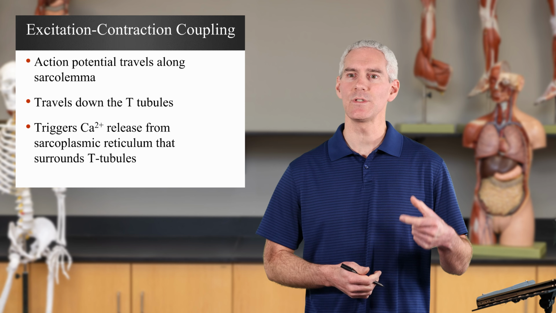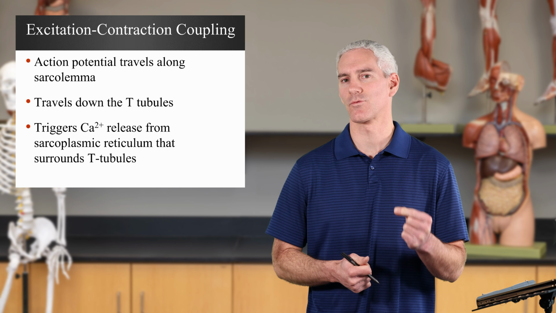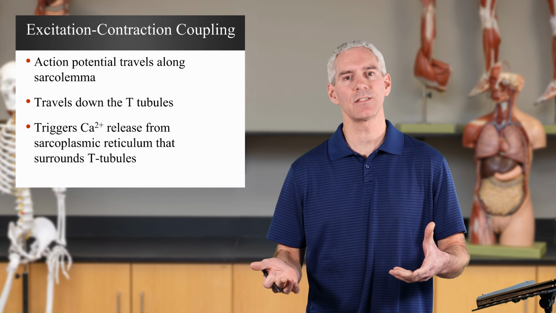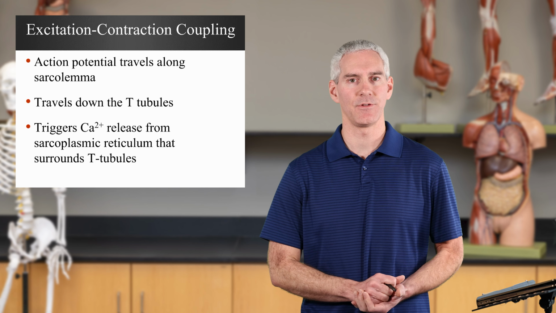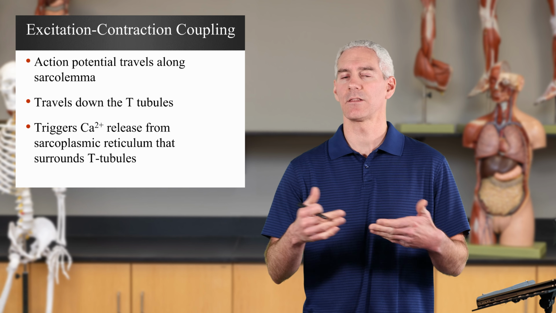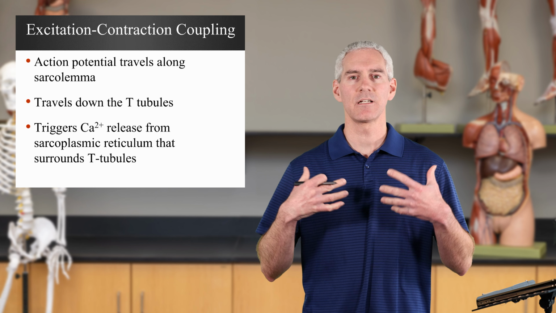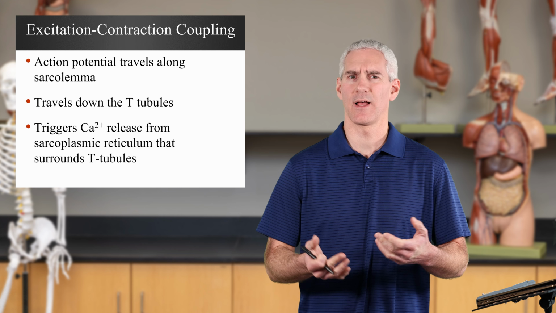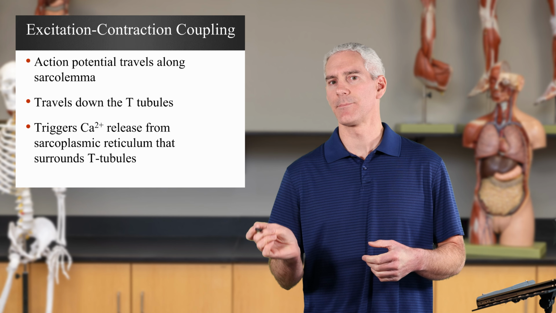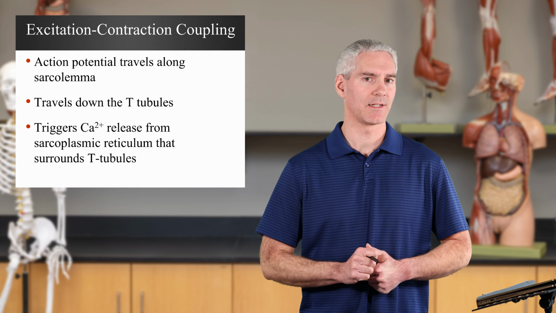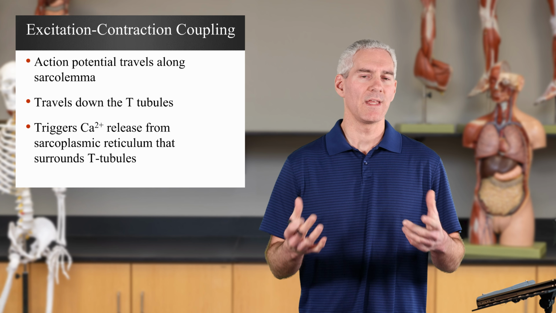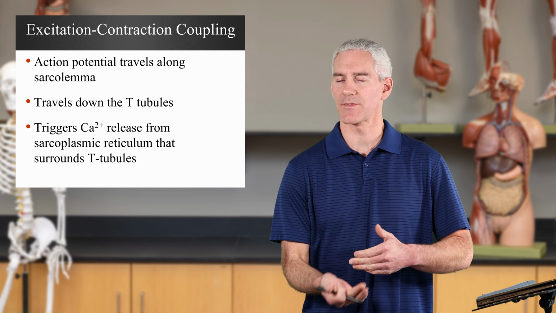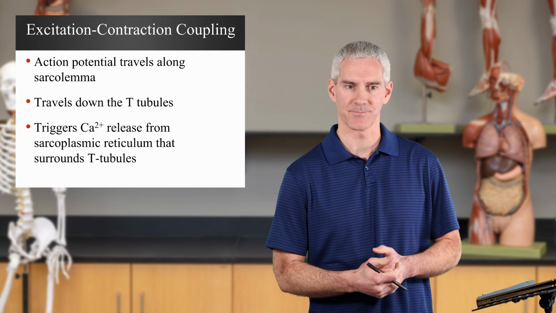That means those channels are going to open up, and the calcium is going to go down its diffusion gradient, so high to low concentration. This is going to pour out of the terminal cisternae, the sarcoplasmic reticulum, into the muscle cell itself. So this is the very last stage just before we start the actual contractile phases.